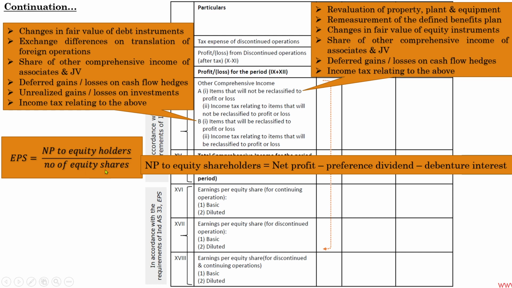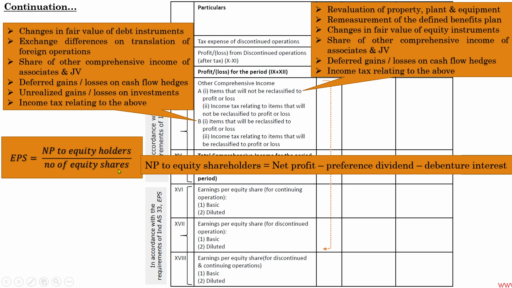Go through the question wisely. If there is any potential equity shareholders, that is any convertible preference shareholders or convertible debentures, if there is no such items given in the question, you can directly take the number of equity shares given in the question. But if there is any potential equity shareholders specifically mentioned in the question, you cannot directly take the total number of equity shares directly mentioned in the question.